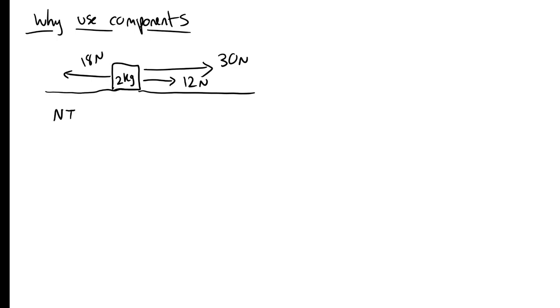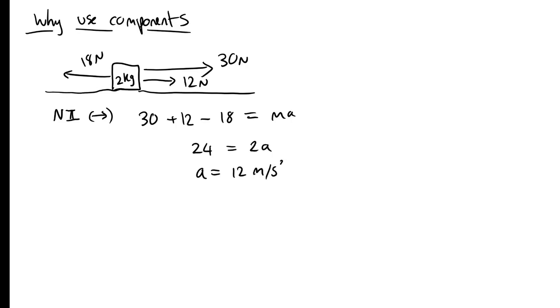If we apply Newton's second law and take right to be positive, 30 plus 12 minus 18 must be equal to ma. They come together to make ma, the resultant force. 24 equals 2a, therefore we get an acceleration of 12 meters per second squared.